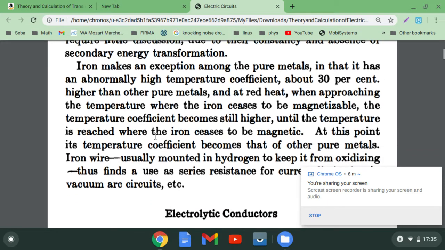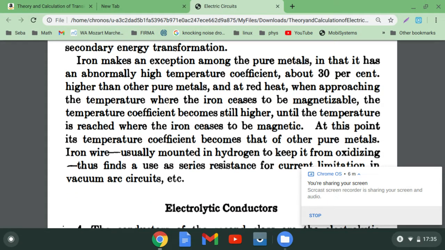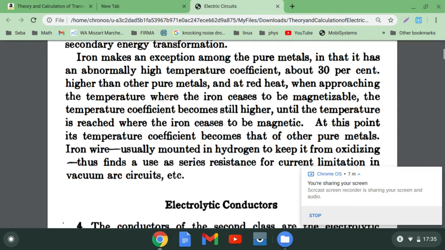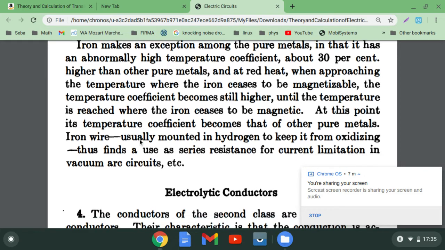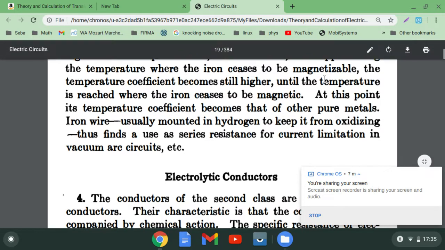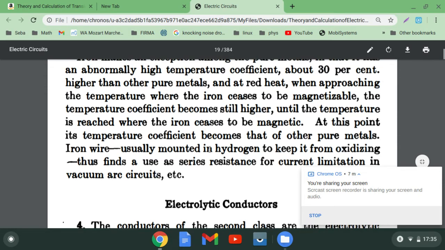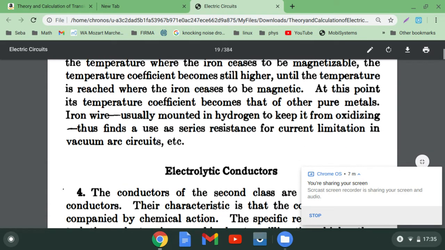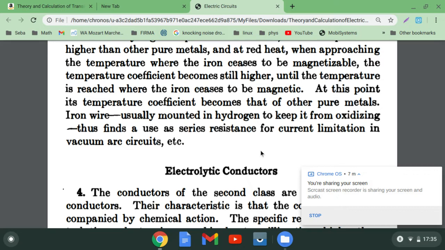Iron makes an exception among the pure metals in that it has an abnormally high temperature coefficient, about 30% higher than other pure metals, and at red heat, when approaching the temperature where the iron ceases to be magnetizable, the temperature coefficient becomes still higher until the temperature is reached where the iron ceases to be magnetic. At this point, its temperature coefficient becomes that of the other pure metals.